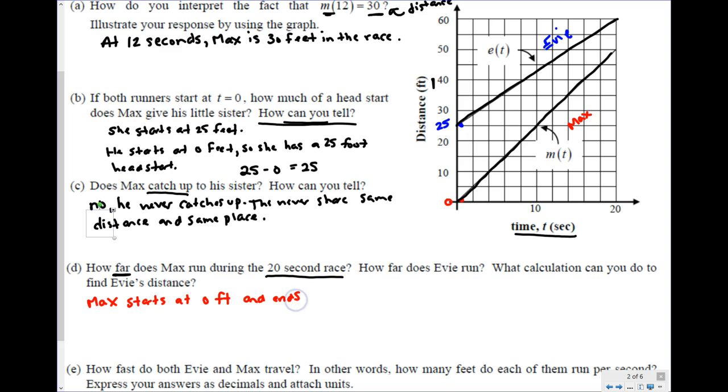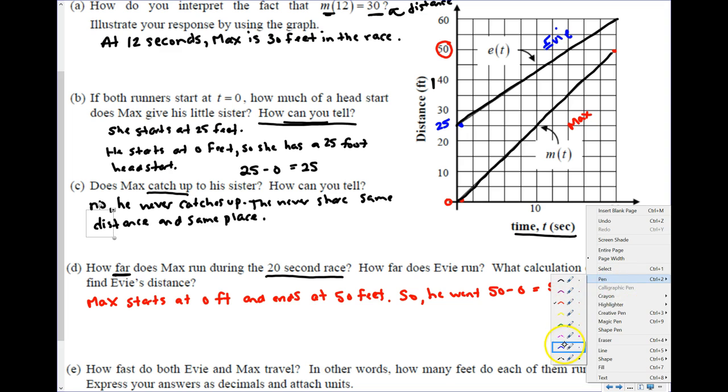He ends right here, which lines up with 50. So he starts at 0 feet and ends at 50 feet. So he went 50 minus 0 to get, he went a total of 50 feet in the race.